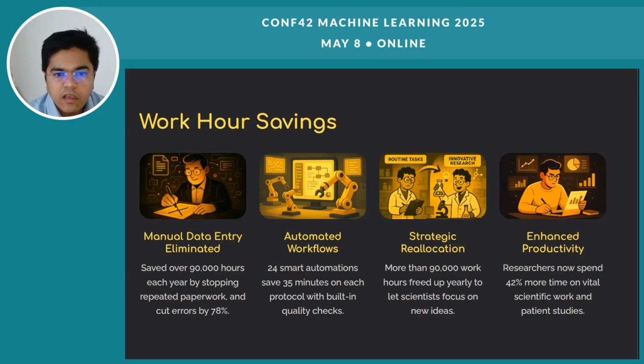With 90,000 manual work hours saved, scientists can now focus on research and new ideas instead of paperwork. In the end, enhanced productivity means researchers now spend 40% more time doing important scientific work. Saving hours isn't just about being faster, it's about letting people focus on what really matters.